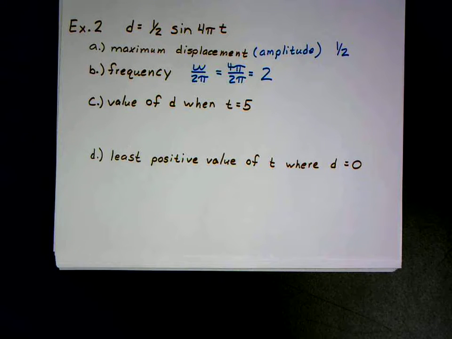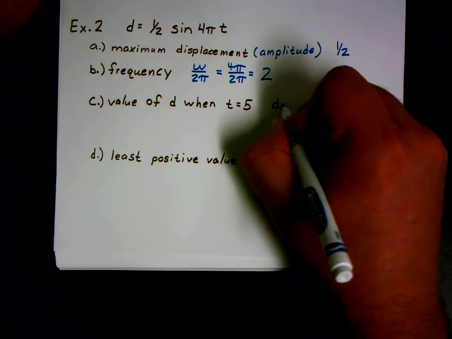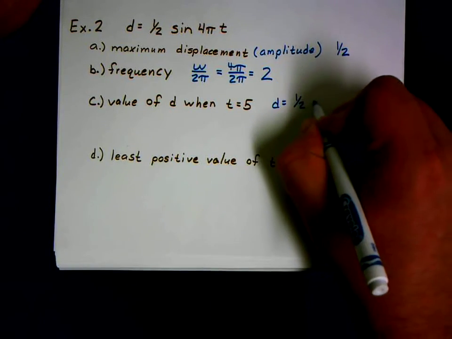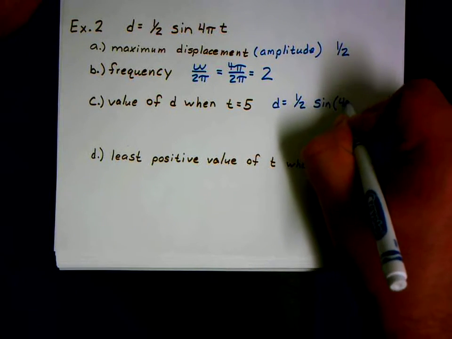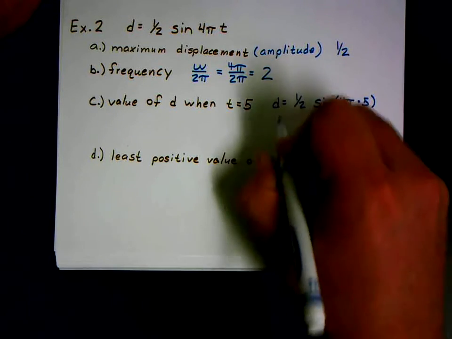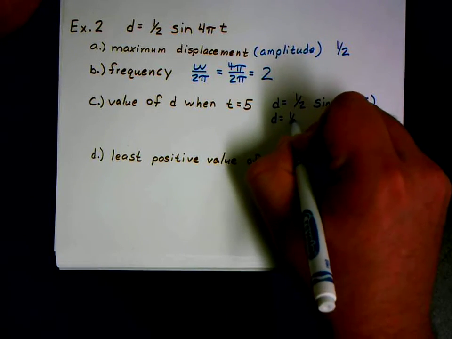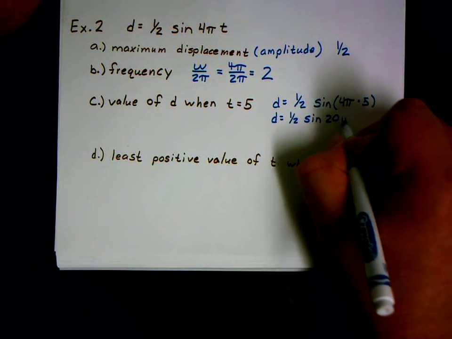Okay, value of D when t equals 5. So D equals 1/2 sine of 4 pi times 5. So sine of 20 pi.